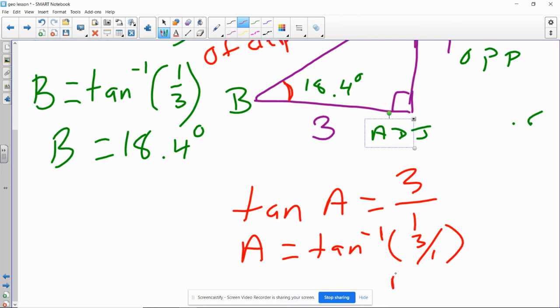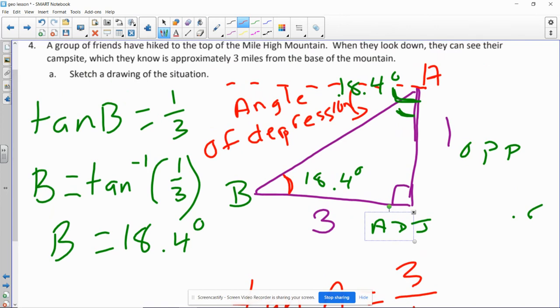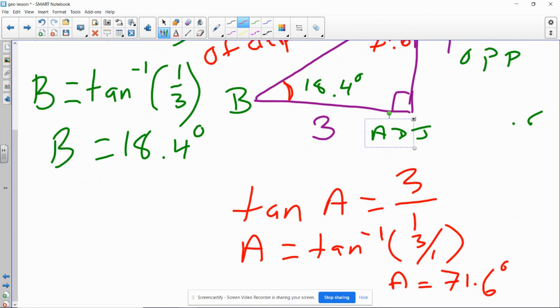And that comes out to be 71.6 degrees. And knowing that this is adjacent to the angle of depression, I could do 90 minus 71.6, and I'd end up with 18.4.